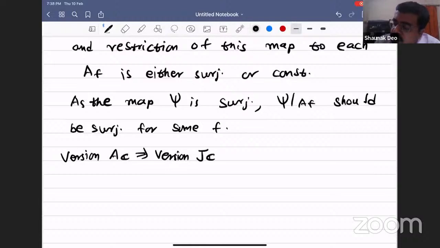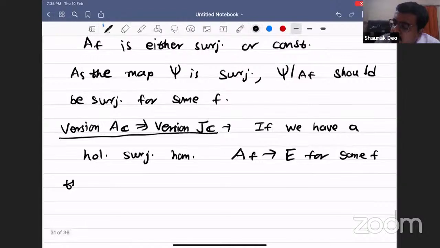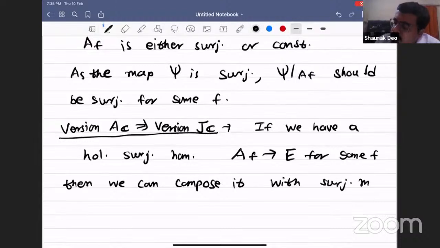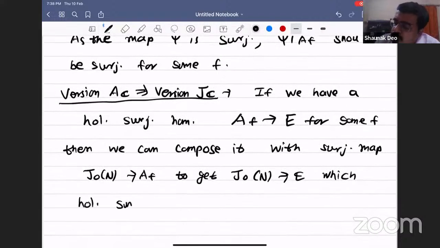If we have a holomorphic surjective homomorphism from AF to E for some F, then we can compose it with the surjective map, because this AF is a quotient of J naught, to get a map from J naught of n to E, which is a holomorphic surjective homomorphism.